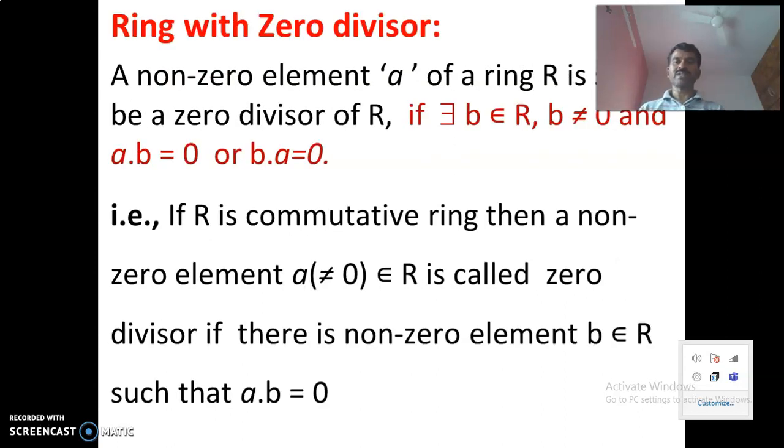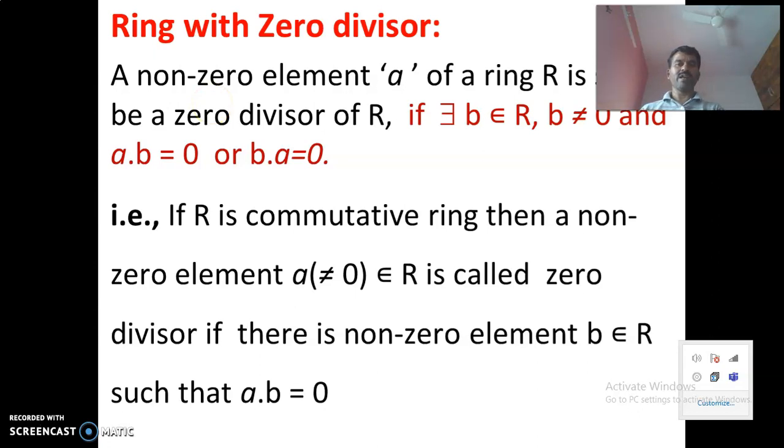So next we shall see the definition of rings with zero divisors. Any non-zero element A of a ring R is said to be a zero divisor of R if there exists another non-zero element B in that system such that A dot B equals 0 or B dot A equals 0. Means what here?